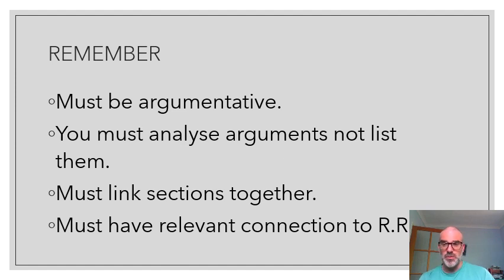We've also talked about before, sections have got to be linked together. Sometimes that can just be quite a simple, slightly clumsy linking sentence, but remember, it has to be done. And by sections, I usually mean the bigger, broader arguments, so military, economic, political. If you're linking your subsections together, again, I think that works quite well, but it's more those big chunks of argument that really need to be clearly linked.